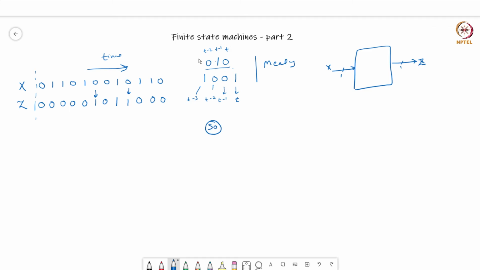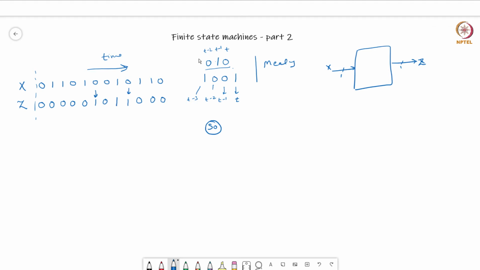S0 is just an initial state which also somehow represents this dotted line, which means that we don't know what has happened before that. So it could be a reset state, it could be an initial state, and we always have to start with some state which is an empty or initial state.